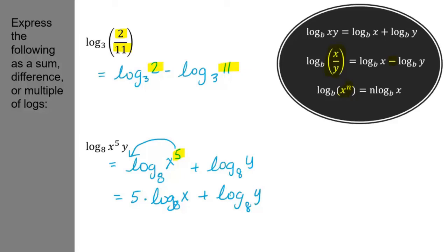Notice that if we were moving in the other direction, in other words, starting with a sum of logs and writing them as a product, we would first have to use the multiple of logs and write that as an exponent. Because once again, the 5 only applies to the x, not to the y.